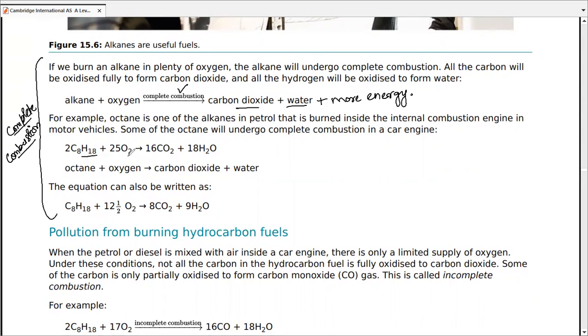Now, we usually come up with balancing numbers. Remember, only half fractions, 0.5, are acceptable. 0.25, 0.75, 3 by 4 or 1 by 4 are not acceptable. Also, remember for this specific complete combustion equation, we went with something like this.